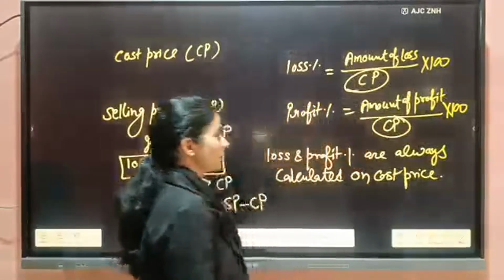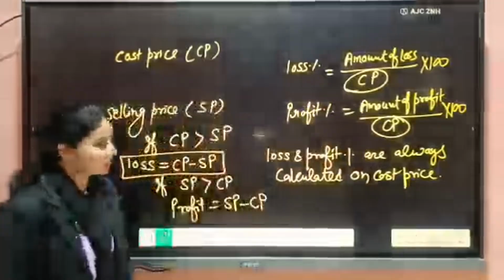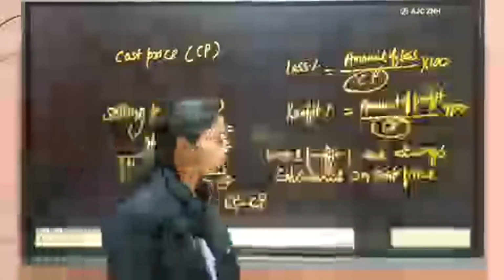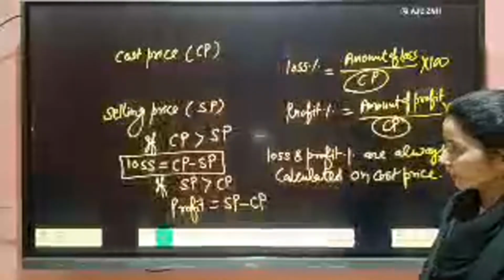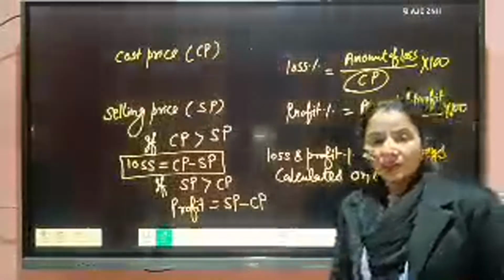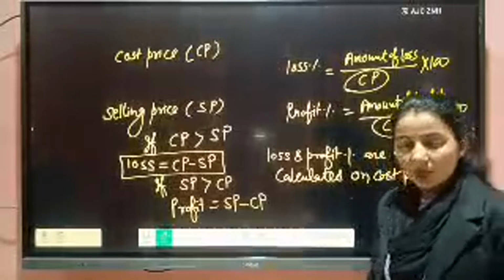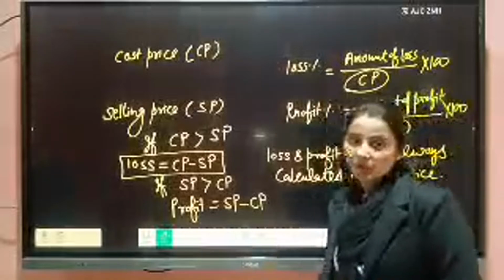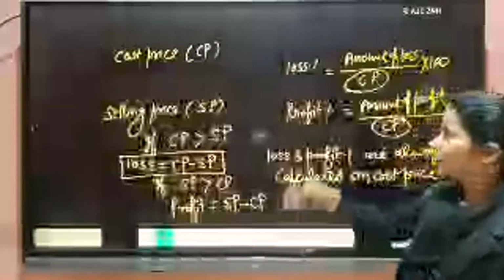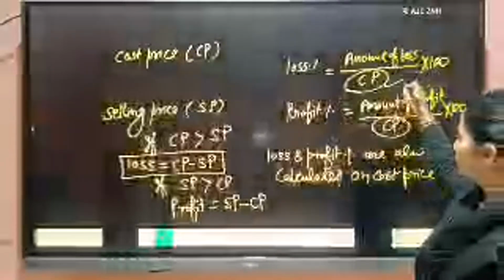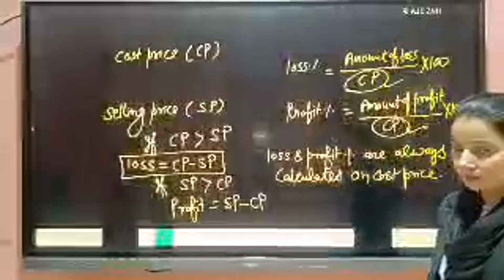These loss and profit percentages are always calculated on cost price. And like tax and discount are always calculated on marked price.